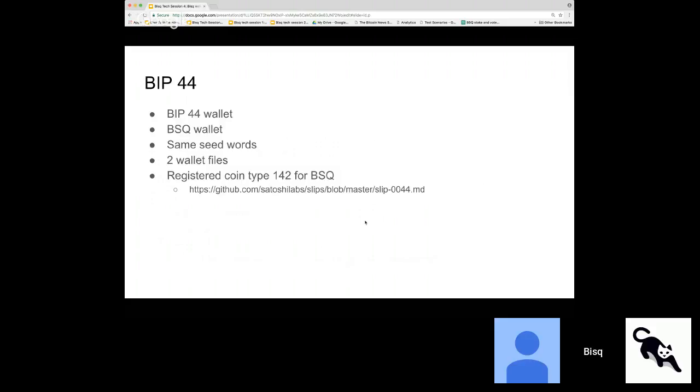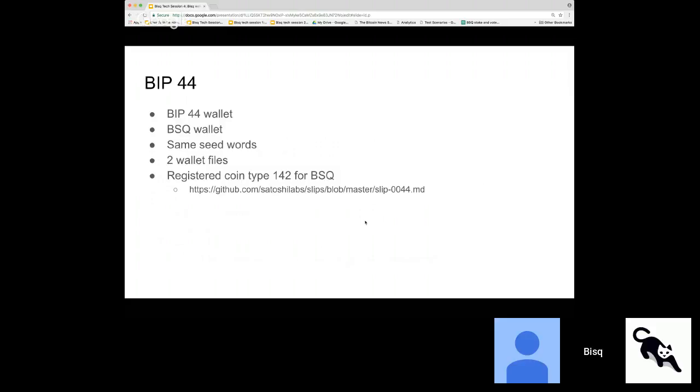And I'll explain a little bit why we use it for Bisq, because we wanted to have one root key for the whole wallet as one set of seed words. We didn't want the user to have to maintain 2 seed words and 2 passwords and everything. But we still want to have 2 wallet files, just for a little bit of extra security, for when a file gets corrupted or whatever, and for backing up.